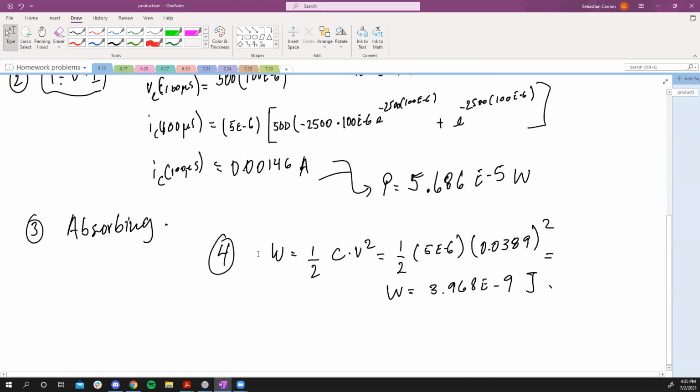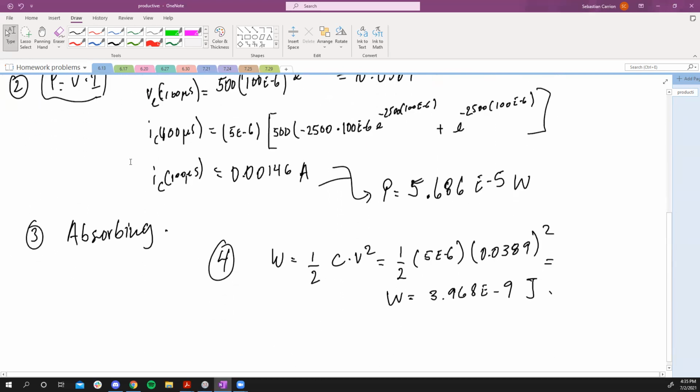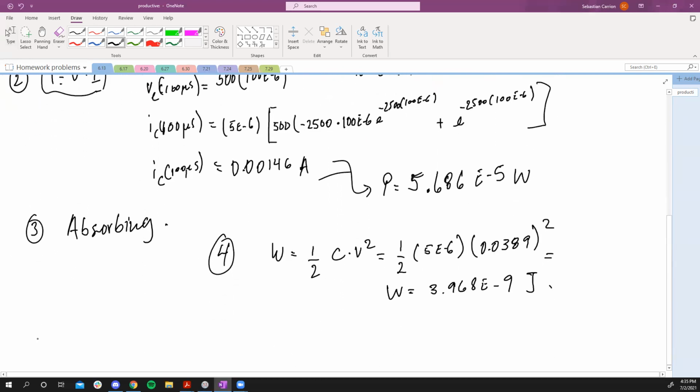And for our last question, it says find the maximum energy stored in the capacitor and the time when the maximum occurs. Capacitors essentially conserve potential energy. Once a capacitor reaches its max voltage, it turns into an open circuit, which means no current can pass through.